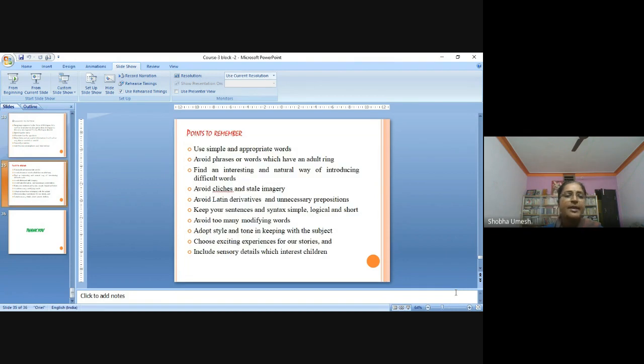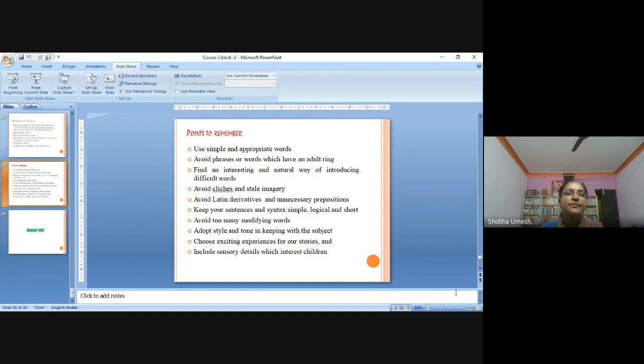The next thing is to use simple and appropriate words. As I told, the language or the words you're trying to use in the story should be very simple and appropriate. Avoid phrases or words which have an adult ring.